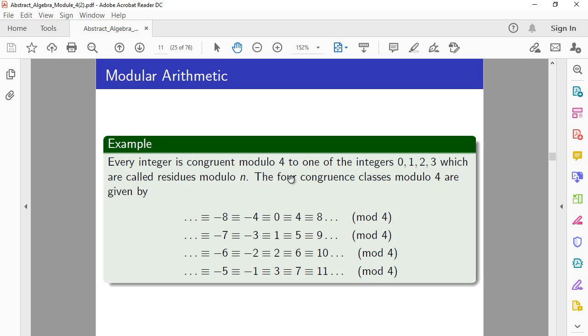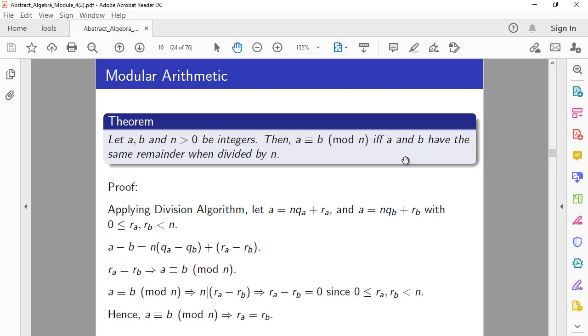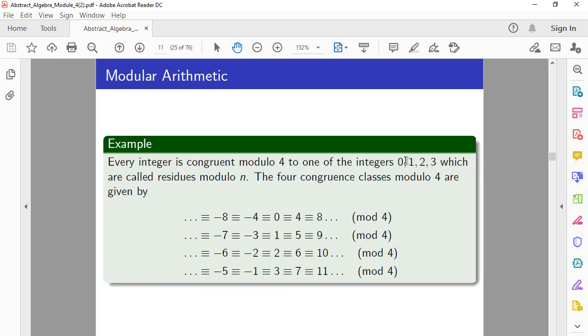Basically, when you divide any given integer by 4, you get a remainder of 0, 1, 2, or 3. So by the previous theorem, any integer would be congruent to one of these 4 numbers modulo 4.